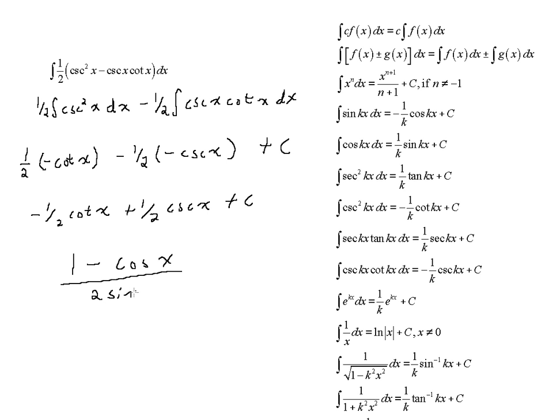I really don't know, but your book might put it this way. I'm not sure. It might. But yeah, the cotangent is the cosine over the sine. So that's where you get this negative 1 cosine, and then you would have 2 sine in the denominator. And here you have 1 over 2 sine in the denominator. And so you get it right here.